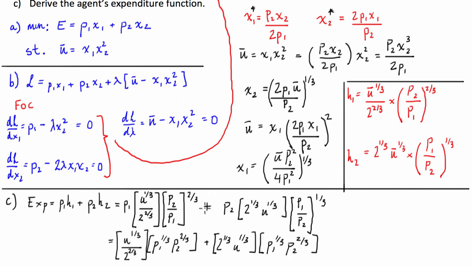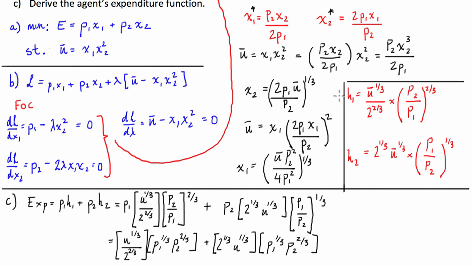Cool. So now we could factorize it by P1, P2 and u, and we'd have 2 to the power of 2/3 plus 2 to the power of 1/3.